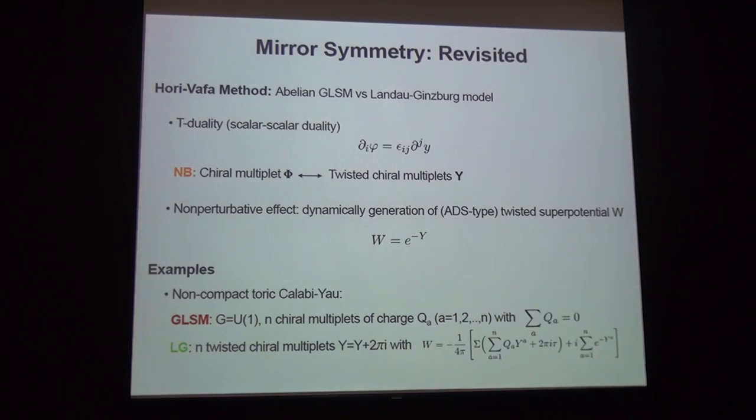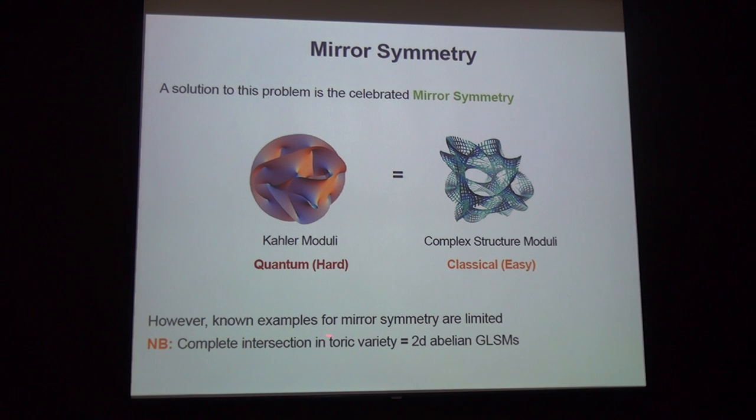More precisely, we have a systematic method to construct the mirror descriptions of a given abelian supersymmetric gauge theory in 2 dimensions in terms of the Landau-Ginzburg theories. And here, this abelian gauged linear sigma model will describe this particular Calabi-Yau manifold as a complete intersection in the toric varieties.